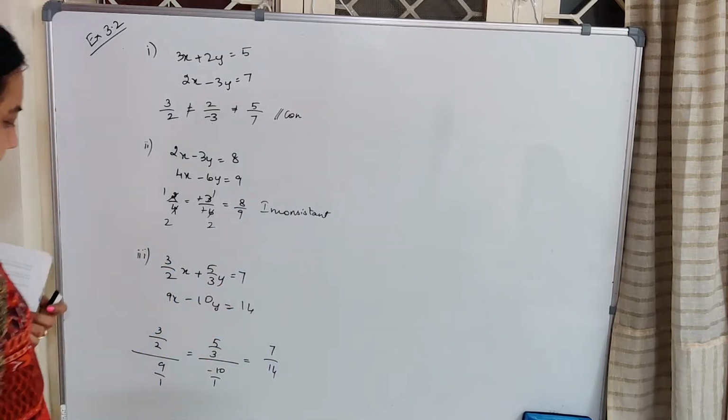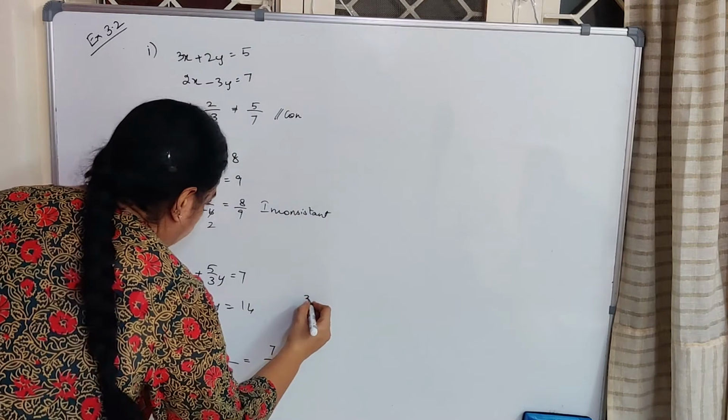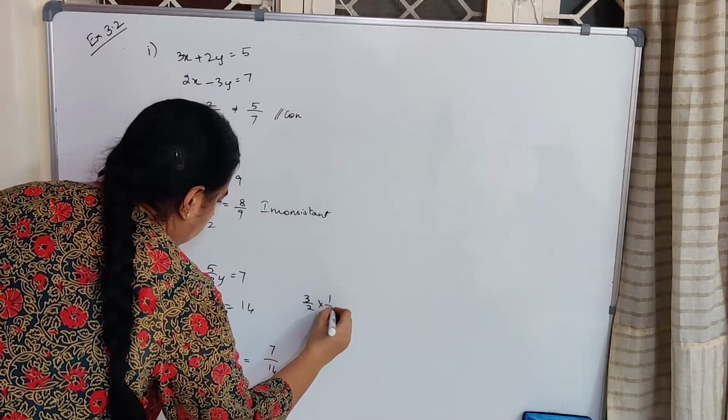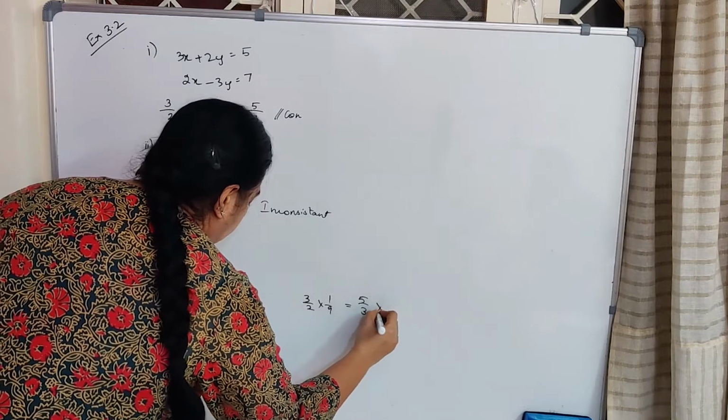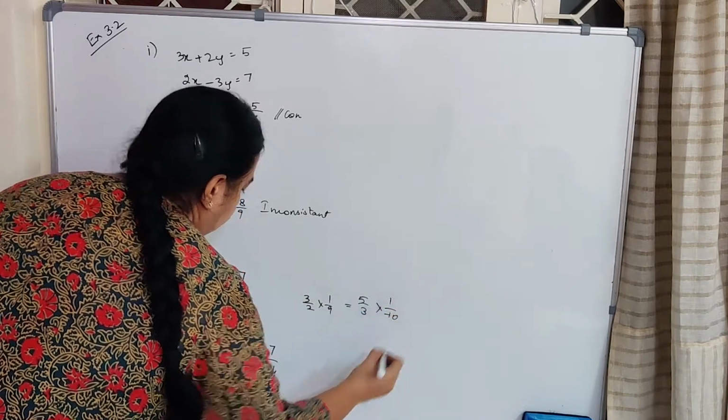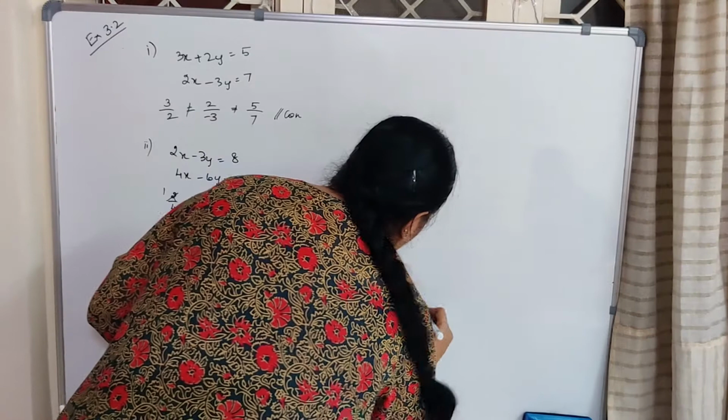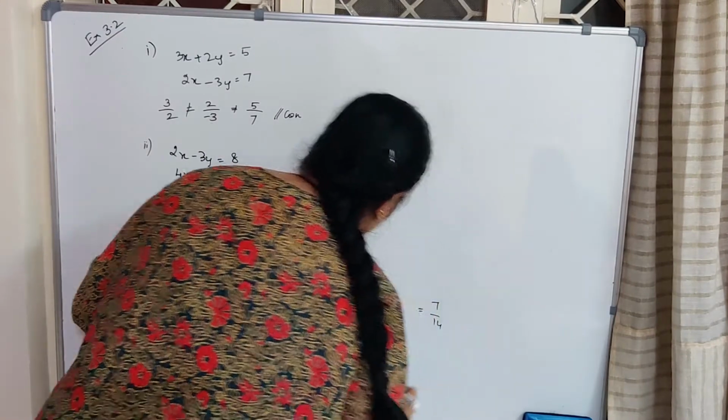I'll write it again, I'll continue it. I can equate it as 3 by 2 into 1 by 9 is equal to 5 by 3 into 1 by minus 10, and that is equal to 7 by 14.